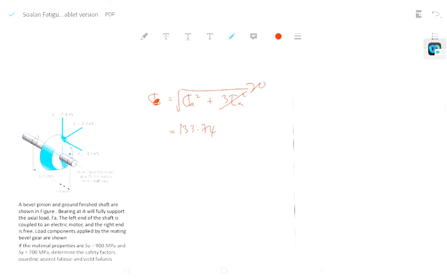Because this is zero. And we don't have sigma equivalent mean. If we had it, we would need to insert the values using this formula, tau plus. So in our case, this is zero.